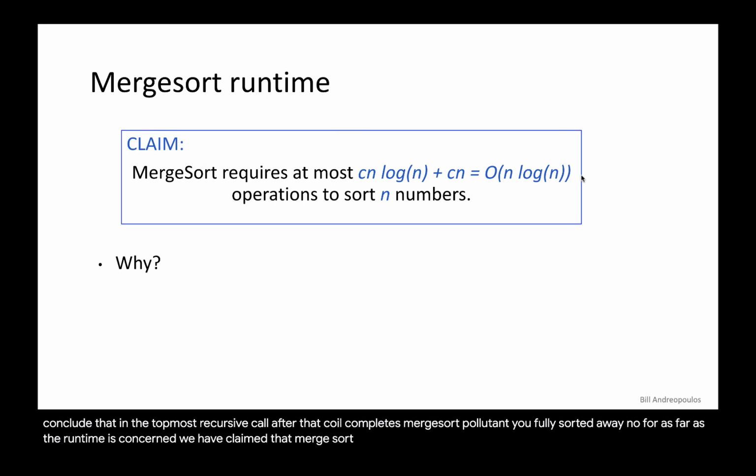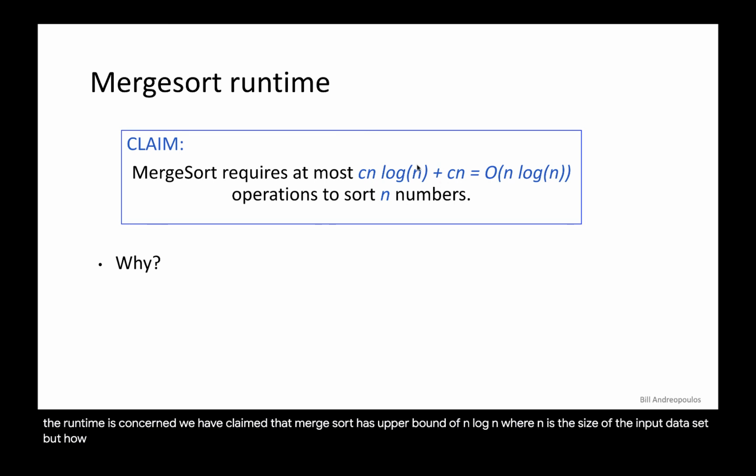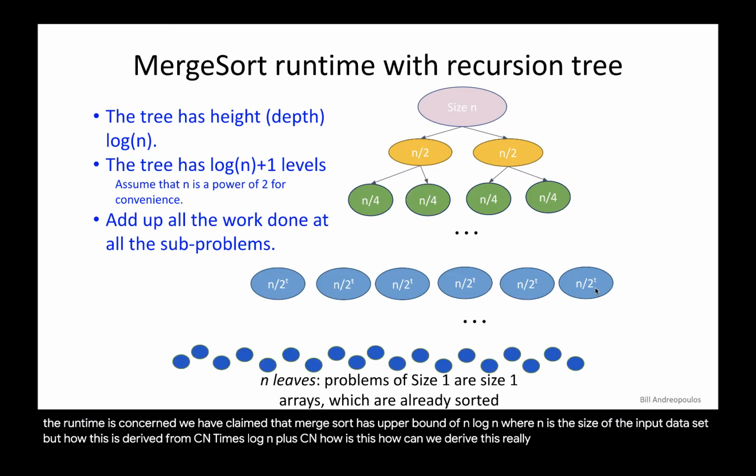Now, as far as the runtime is concerned, we have claimed that merge sort has an upper bound of n log n, where n is the size of the input dataset. This is derived from c times n times log n plus c times n. Now, how is this derived?